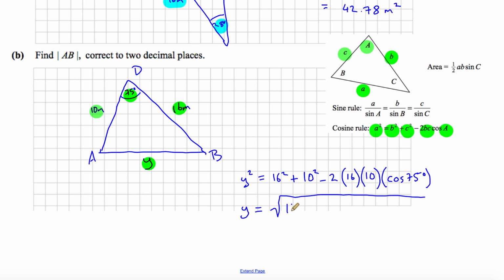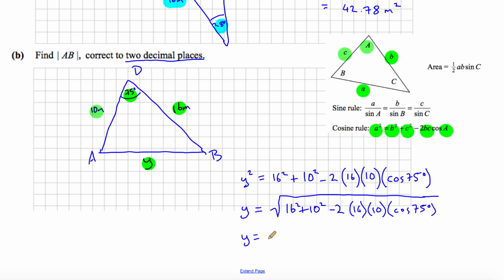So the square root of 16 squared plus 10 squared minus twice 16 times 10 times the cosine of 75 degrees. And remember, it's the square root of all of that. And again, we want our answer to 2 decimal places. Let's not forget. So when we put this into our calculator, you can put the whole lot in.